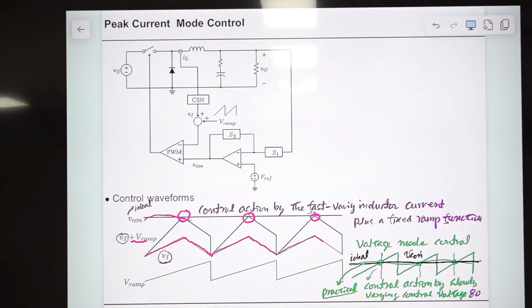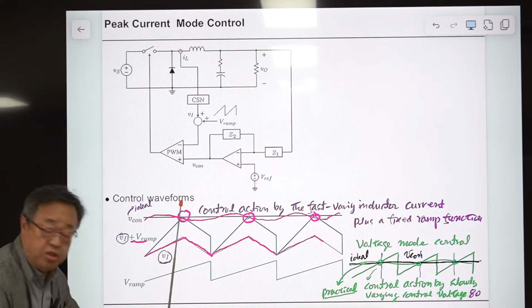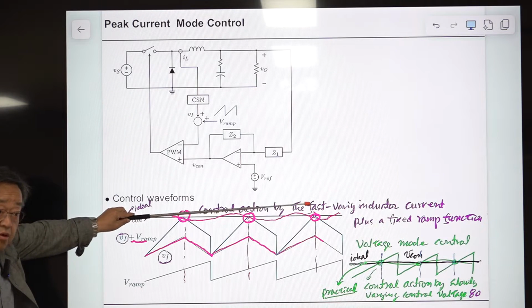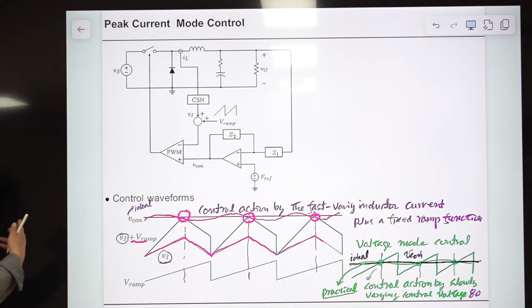It also contains the sinusoidal oscillation, but this instant remains the same. So even though the control voltage has some oscillation, this point remains the same, which means this can be replaced with this line segment when functionality is concerned.